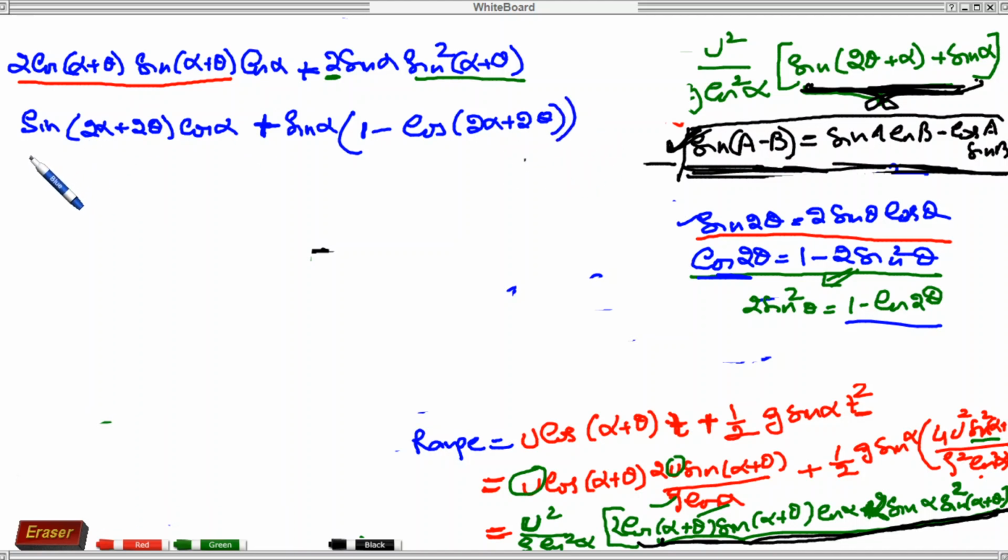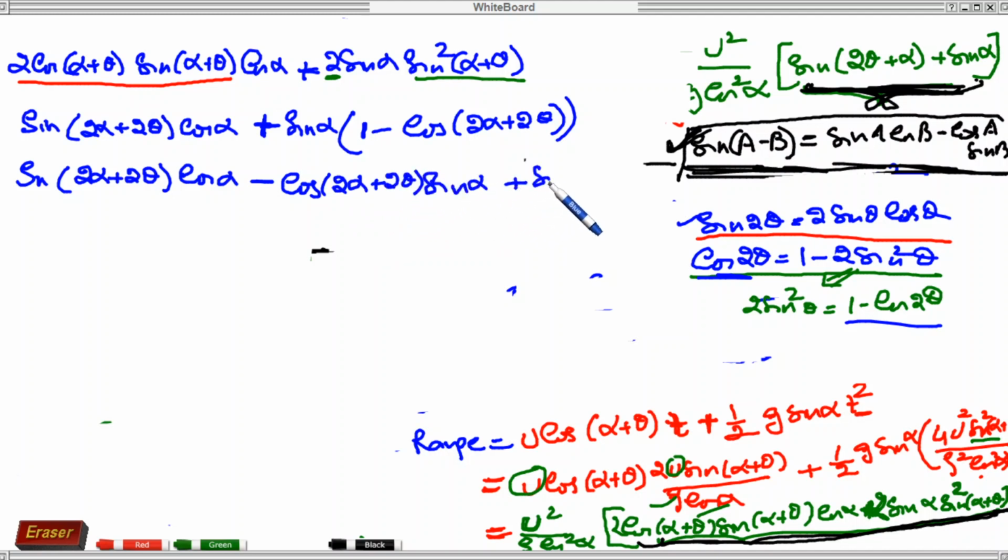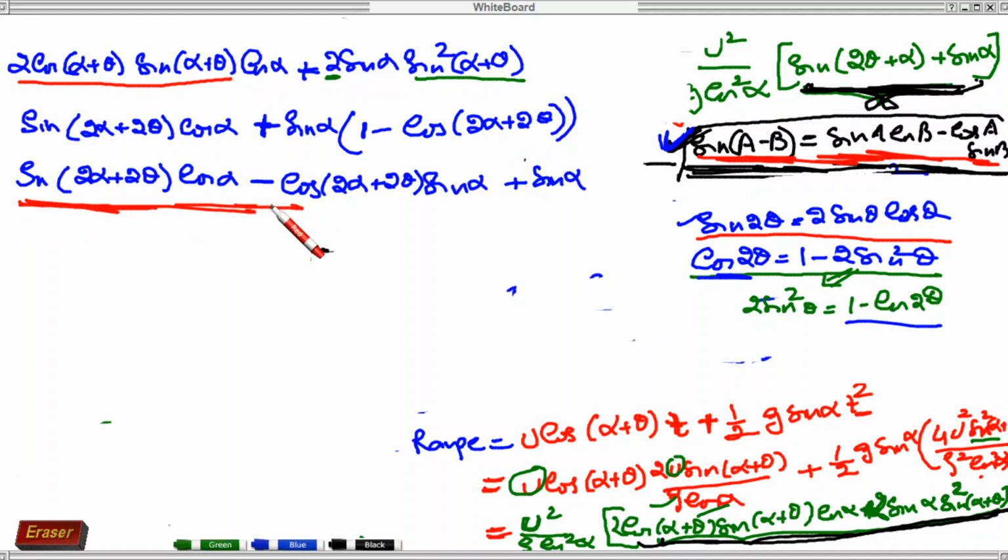So it will become sine 2 alpha plus 2 theta cos alpha minus cos 2 alpha plus 2 theta sine alpha plus sine alpha. There is one more equation I told you: sine a minus b is equal to sine a cos b minus cos a sine b. So that will be implemented here.